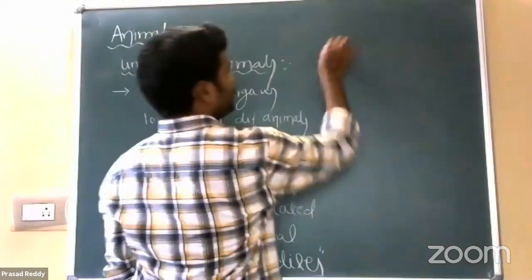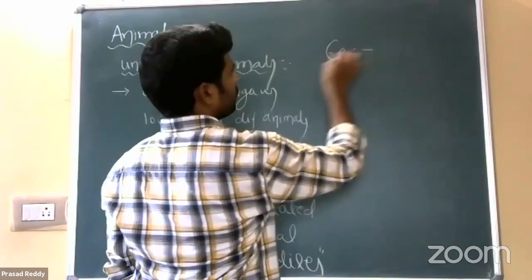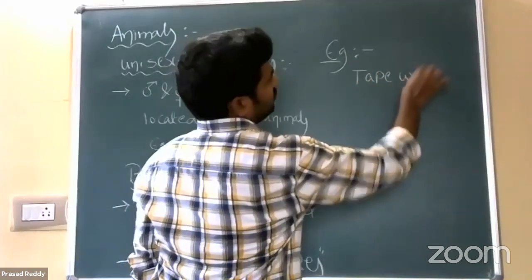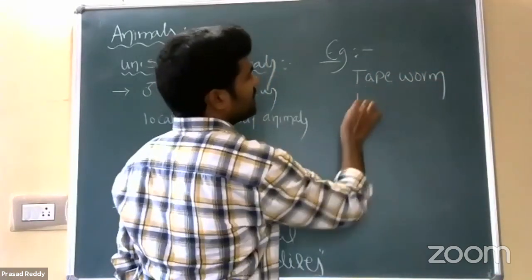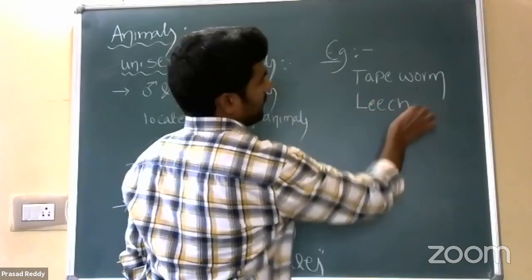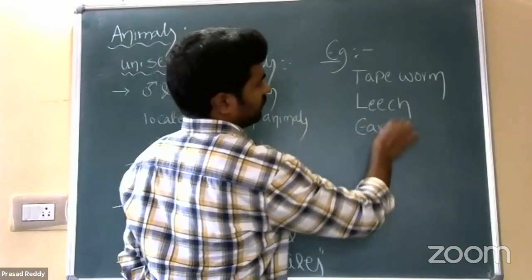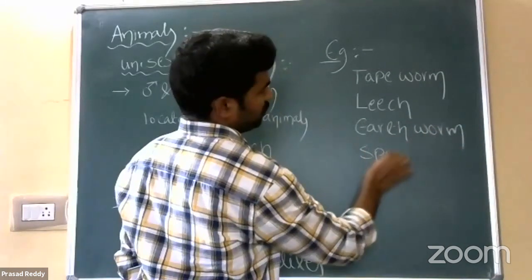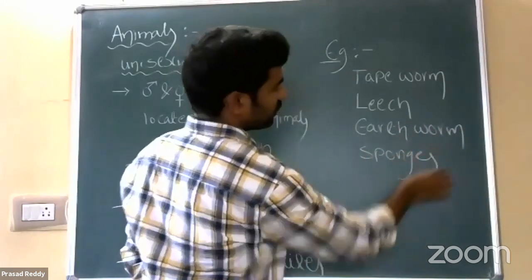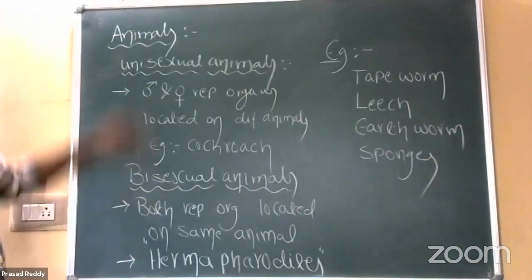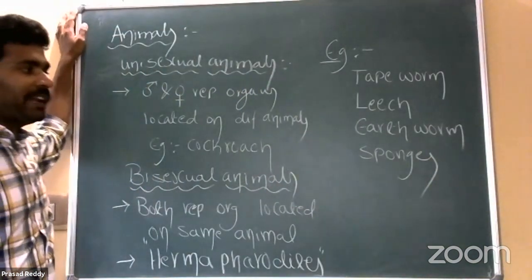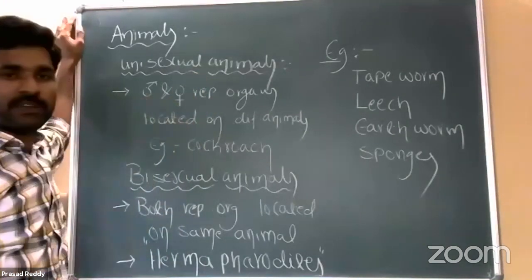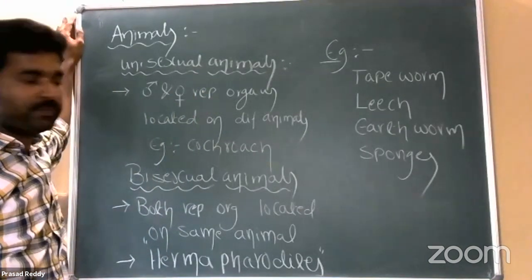Examples for this are tapeworm, leech, earthworm, then sponges. Yes, sponges are also bisexual animals. Is it clear?